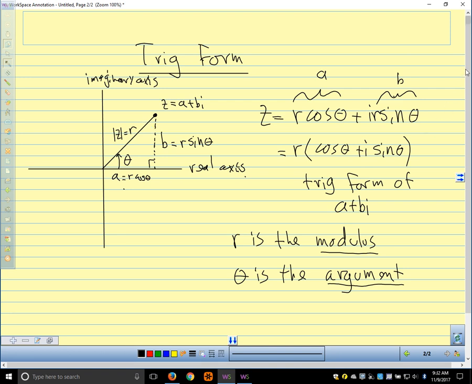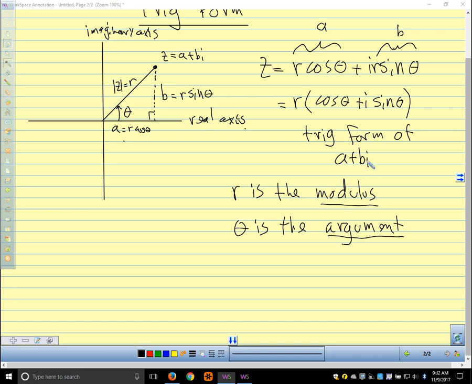And one really interesting thing, an extension, we talked about it a little bit in my other class this morning, is that r cosine theta plus i sine theta equals r e to the i theta, where e is the e from exponential functions.